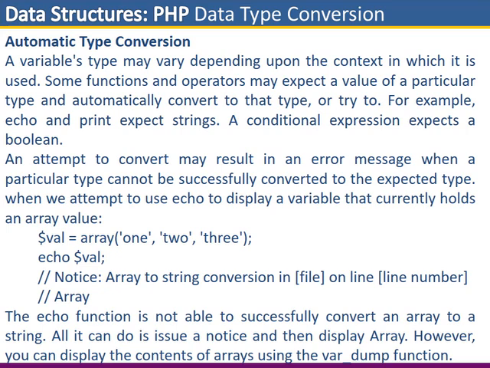An attempt to convert may result in an error message, as we saw earlier in Python programming when converting from one type to another. If we don't do it explicitly and well, it can generate an error message when a particular type cannot be successfully converted to the expected type.